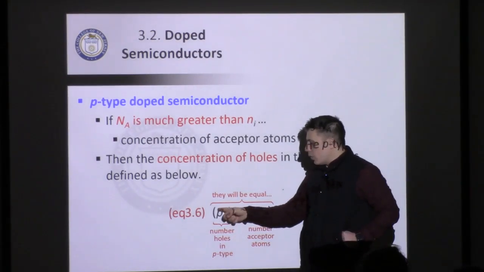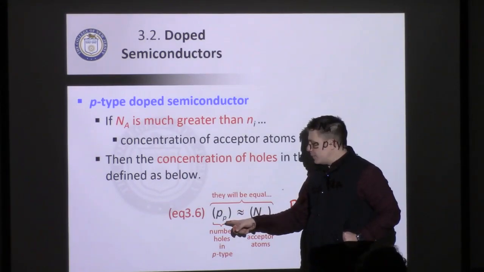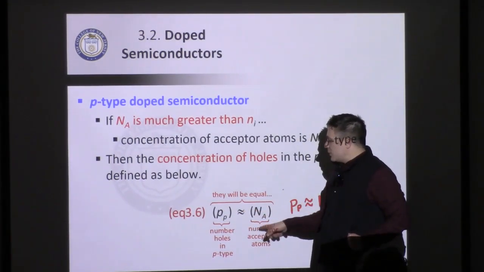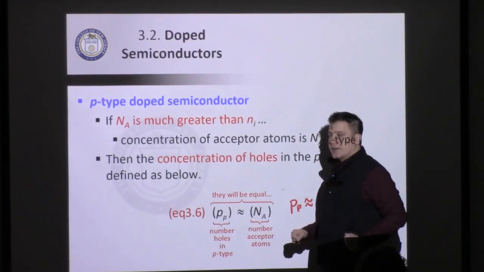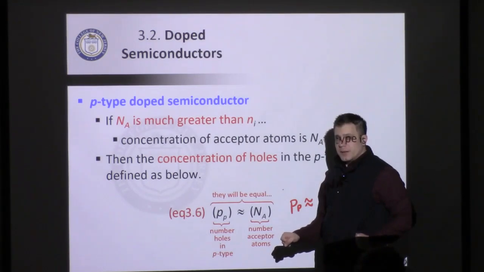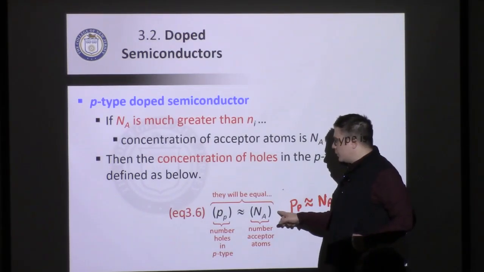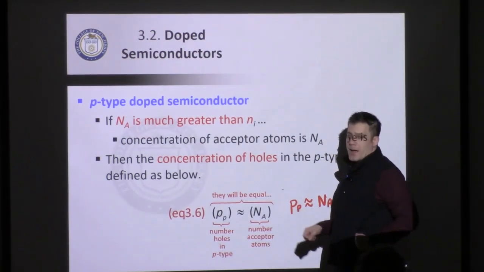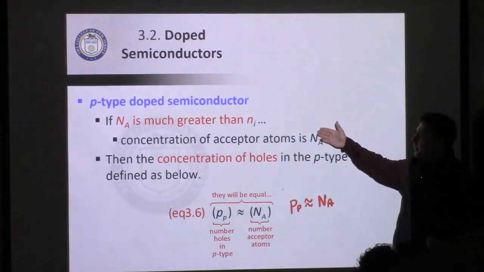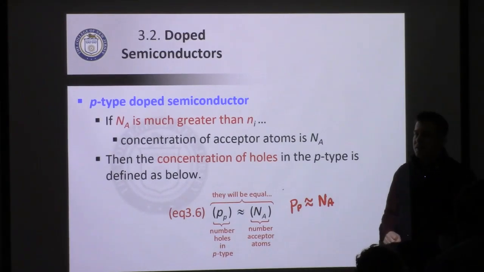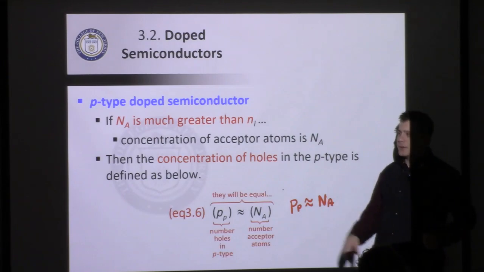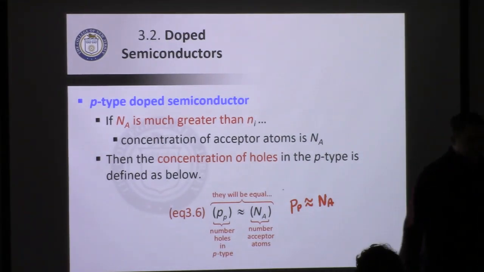The number of holes, P, in the P-type semiconductor, subscript P, is approximately equal to the number of acceptor atoms, Na. Why is it approximately equal to? Because to make it exact, you would have to add Ni, the amount that's thermally generated. But because we're assuming that the concentration of acceptor atoms is so much higher than Ni, that part doesn't really matter. It's so small.